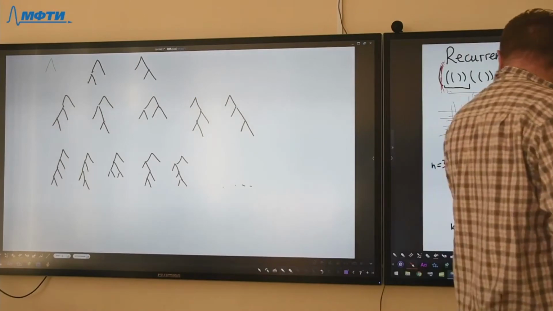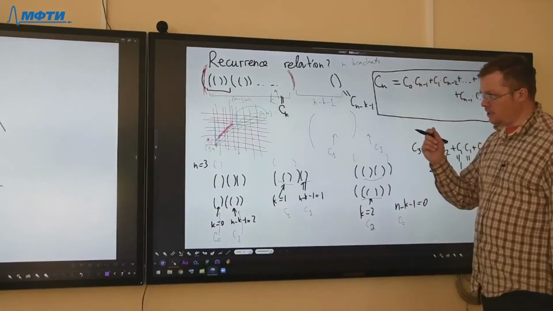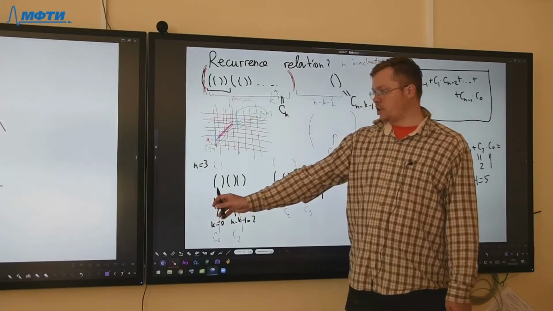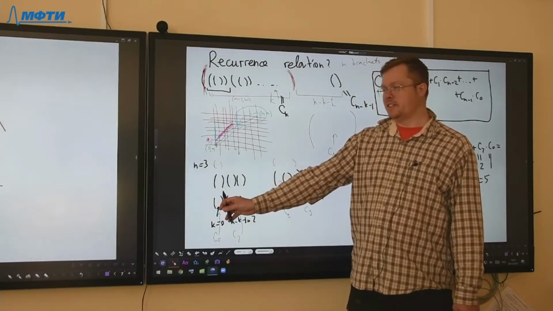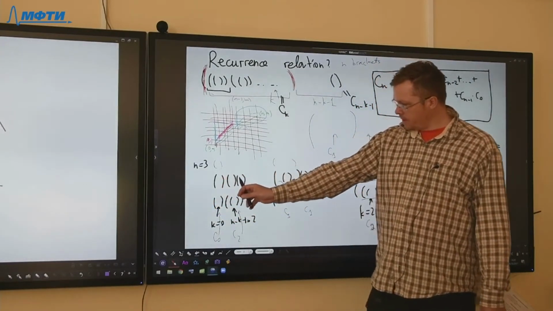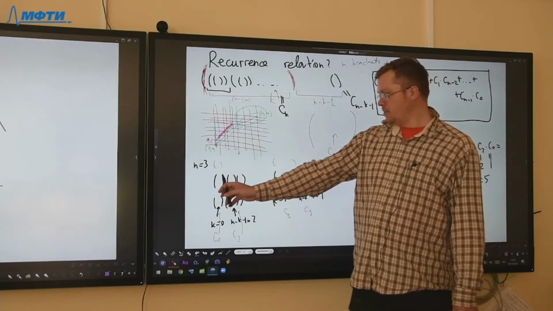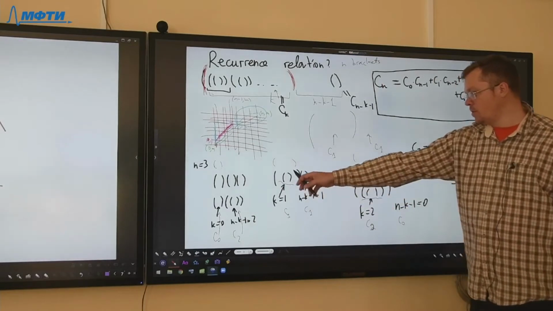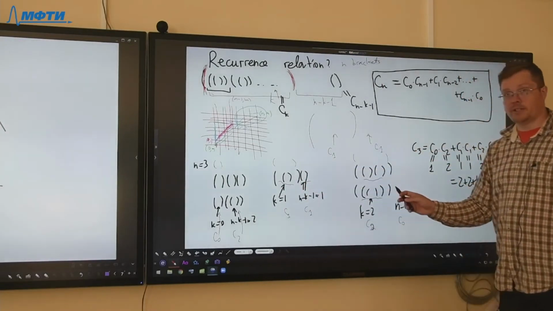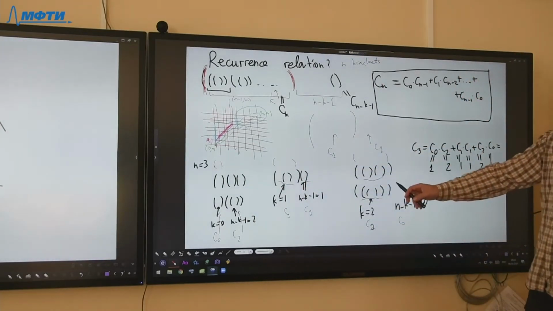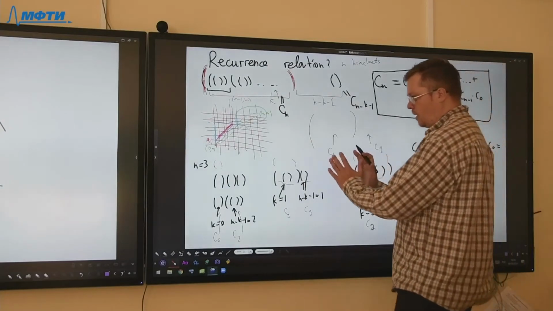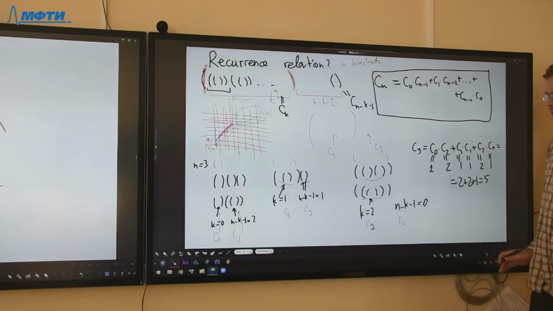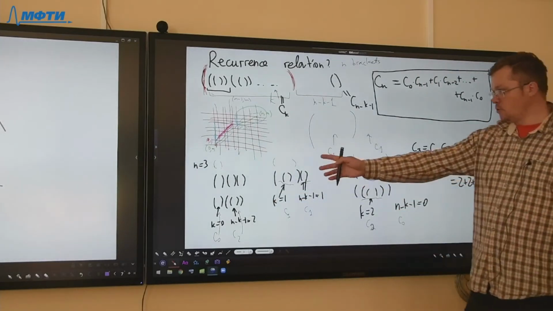Okay, so we have 3 independent pairs of brackets. I look at the first open bracket and see where the corresponding closing bracket is. It can end right after this open bracket, after one pair of brackets, or after 2 pairs of brackets. So all sequences of correctly matched brackets are now partitioned into 3 different cases.